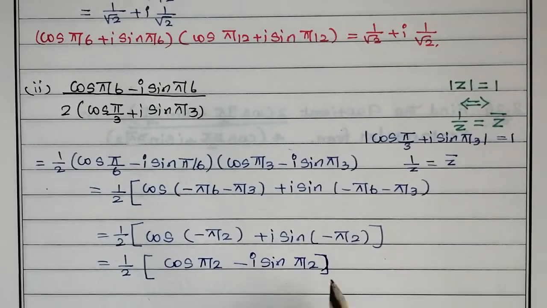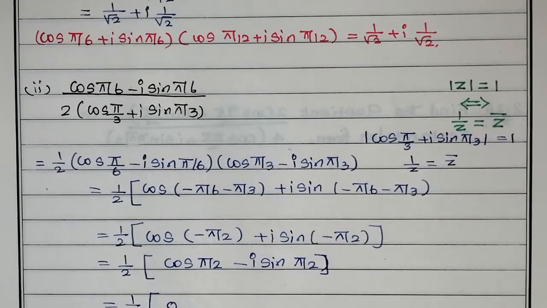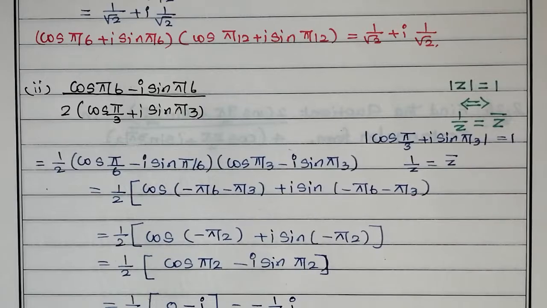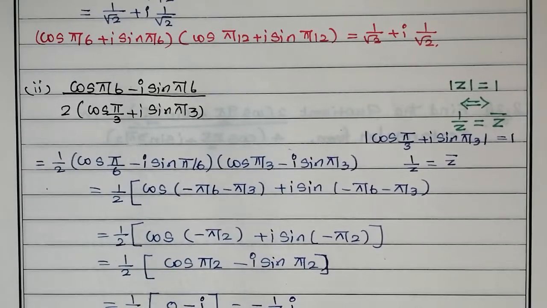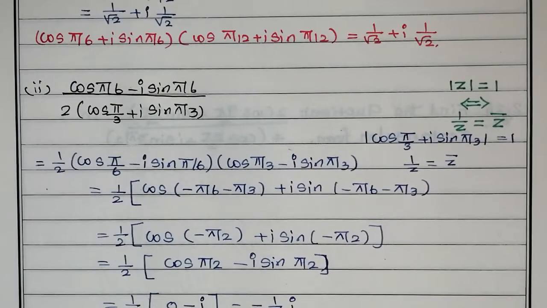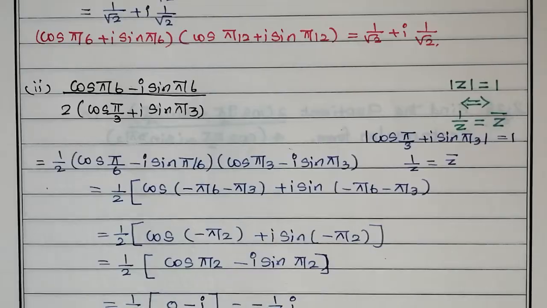We know that cos pi by 2 is 0 and sin pi by 2 is 1, so that is 0 minus I, that is minus 1 by 2 I. So this is the standard form of the complex number cos pi by 6 minus I sin pi by 6 divided by 2 into cos pi by 3 plus I sin pi by 3, which is equal to minus 1 by 2 into I.